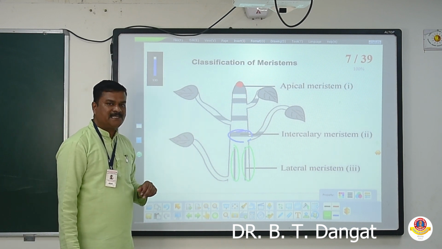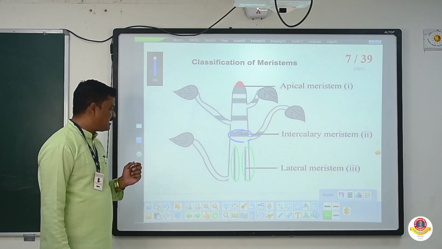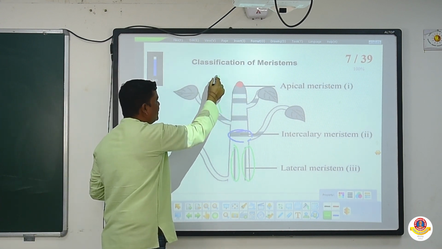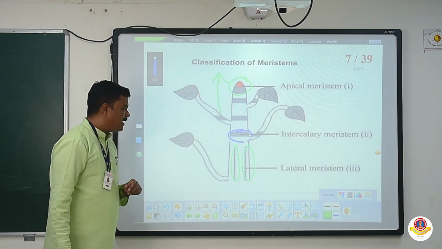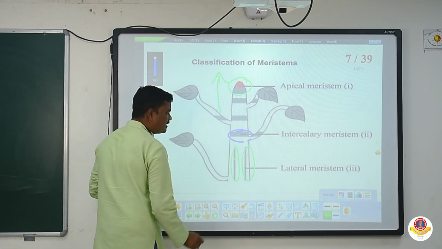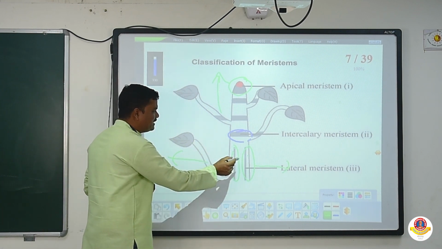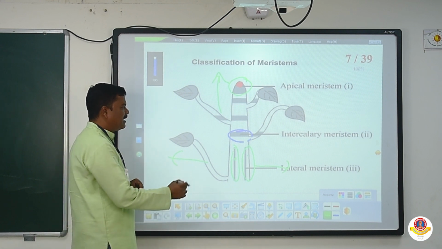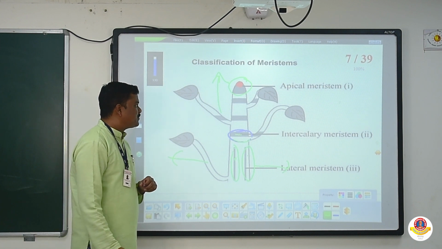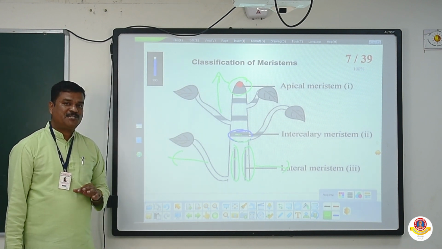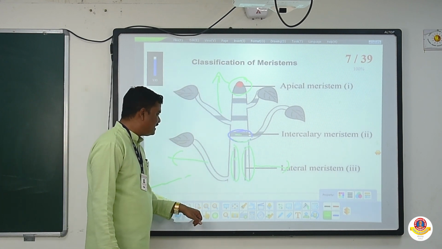The role of the apical meristem is to divide and redivide, and it functions in growth of the plant. Whatever growth or height of the plant increases is due to the apical meristem. The lateral meristem is responsible for increasing the girth of the plant. The intercalary meristem helps in increasing the length of the axis. So depending upon position, meristems are classified into three types: apical, intercalary and lateral meristem.